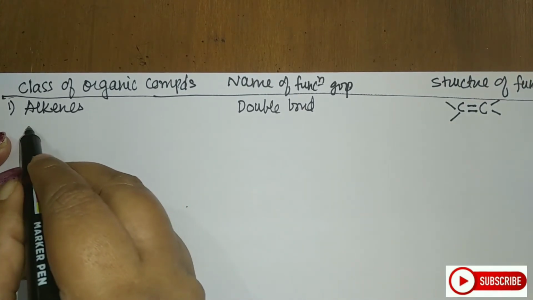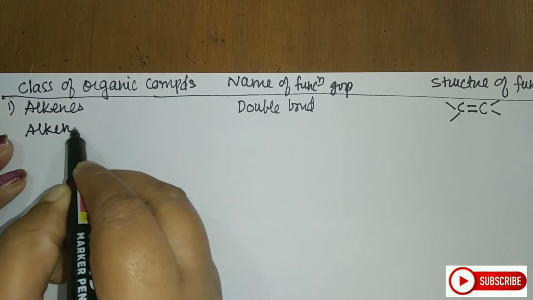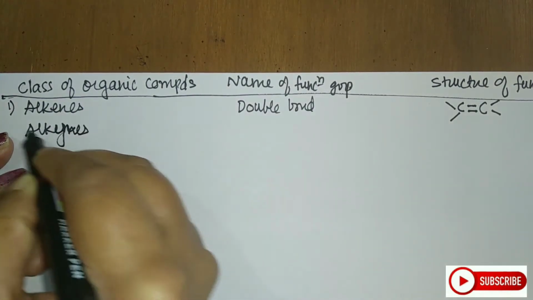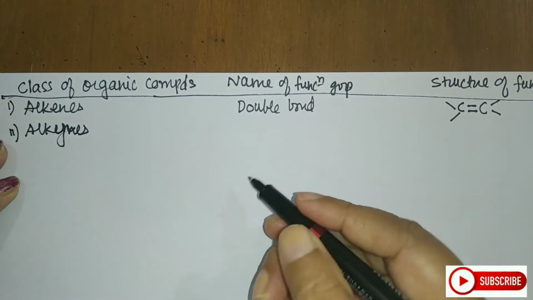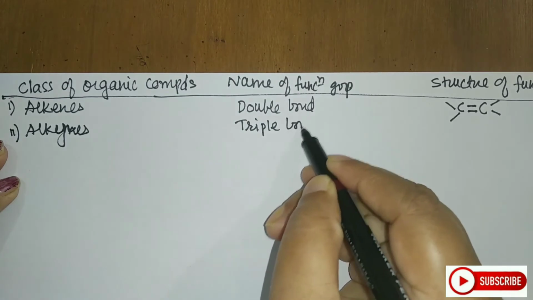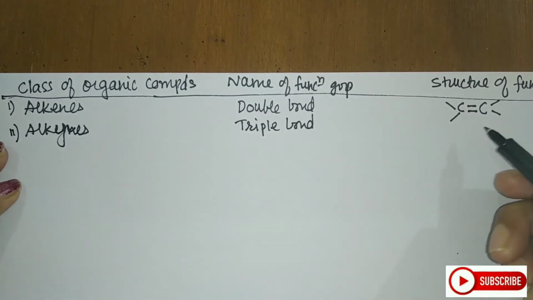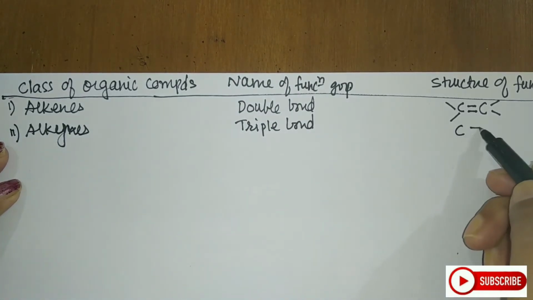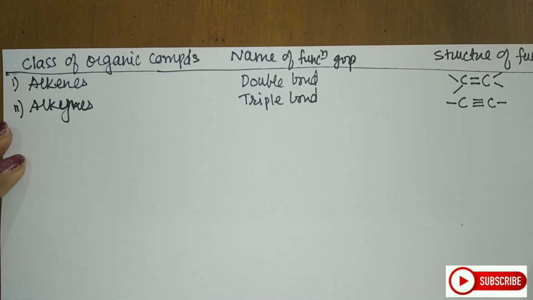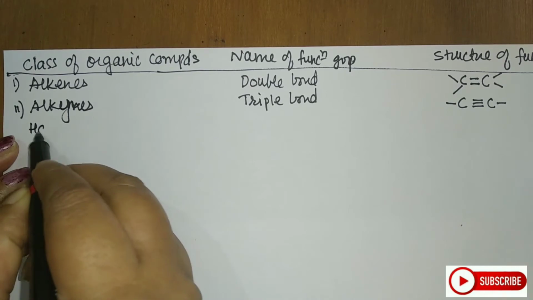The next is alkynes. So this is called a triple bond. Now how will this be represented? It is represented by a triple bond between the two carbon atoms. Next is halogen derivatives.